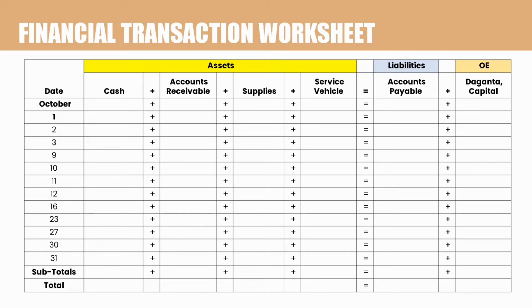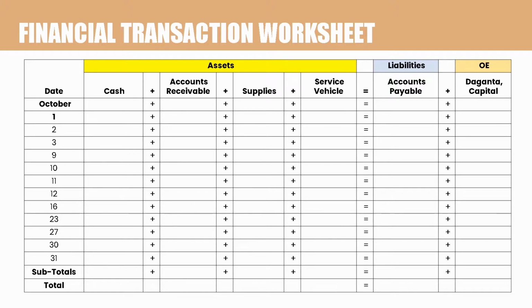Then under them, yung mga accounts or account titles na naaapektuhan in this certain problem. Okay, so we have here cash, accounts receivable, supplies, and service vehicle under assets, then accounts payable under liabilities, and Daganta capital under our owner's equity.